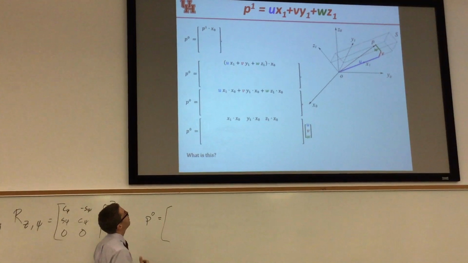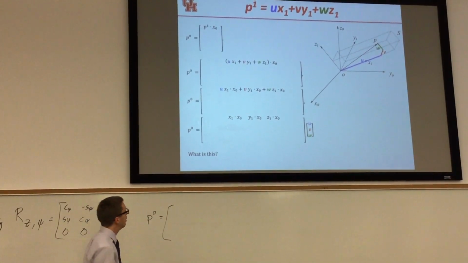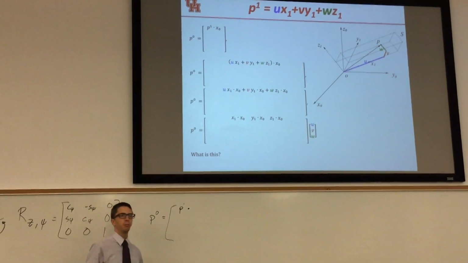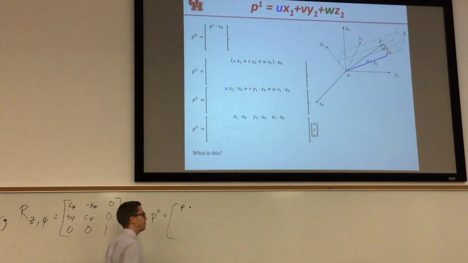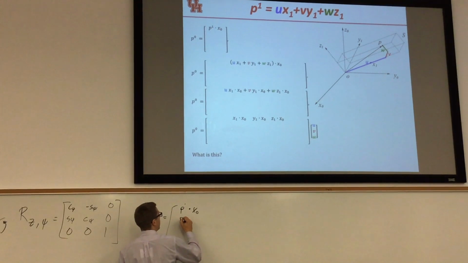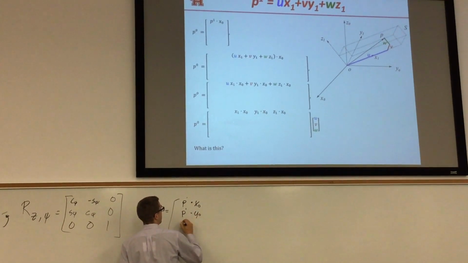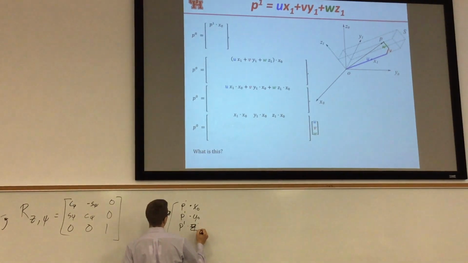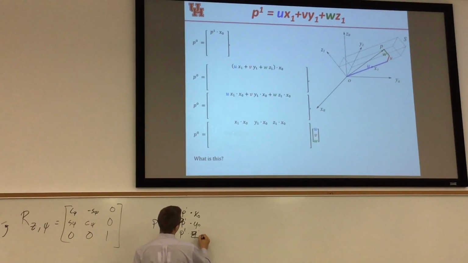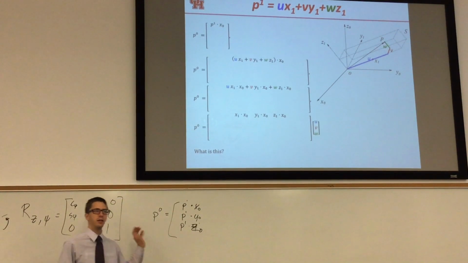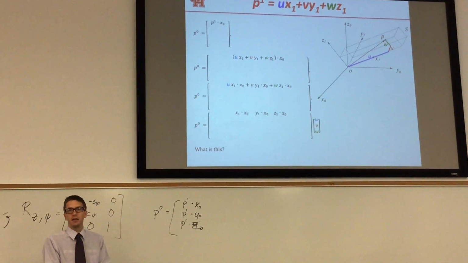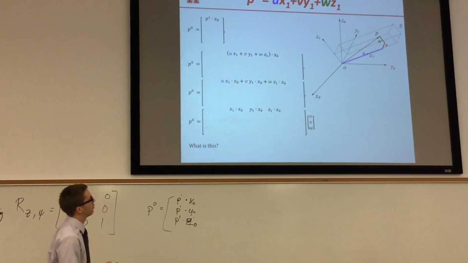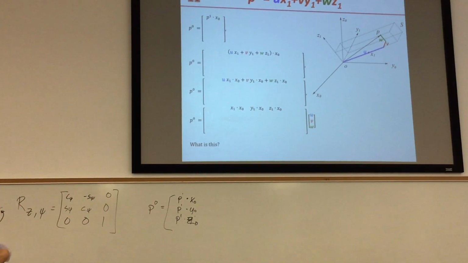And if I'm given P in coordinate frame 1, all I have to do is take P1 and do its projection onto my basis vectors: P1 dot X0, P1 dot Y0, and P1 dot Z0. I just have to project it and see where this point is when I project it onto my base frame, the unit frame. And so I've expanded each of those rows.